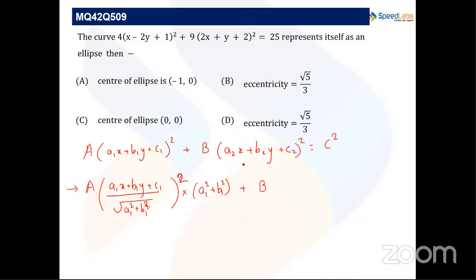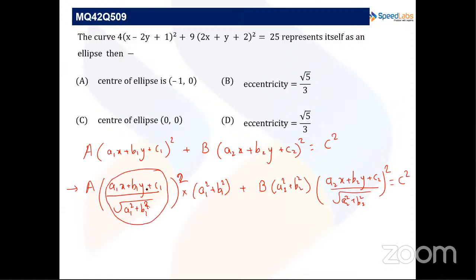Similarly for the second term, a2 square plus b2 square, and it will be (a2x plus b2y plus c2) upon the root of a2 square plus b2 square, whole square, equals to c square. Now we will replace this whole quantity by some capital X, and we will replace this whole quantity by capital Y.